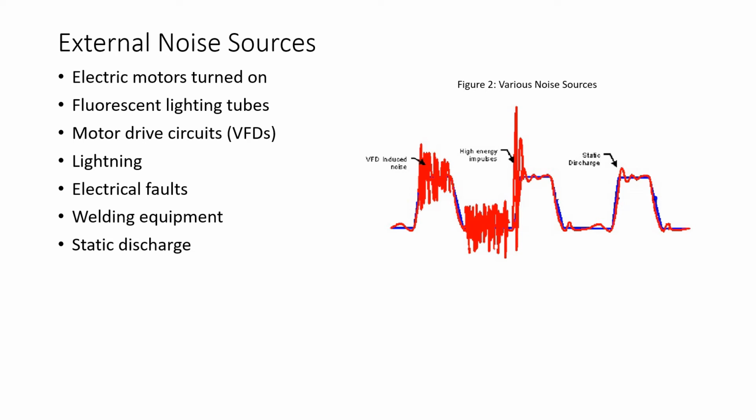And you know, static can come from a lot of sources, not just you walking across the floor. Believe it or not, when you drop a piece of paper onto a Formica tabletop and that paper slides just a little bit on the Formica, you can generate voltages in the tens of thousands of volts in that piece of paper.